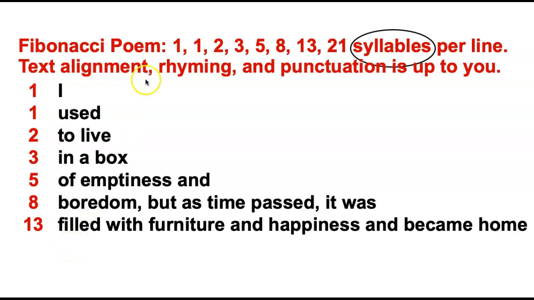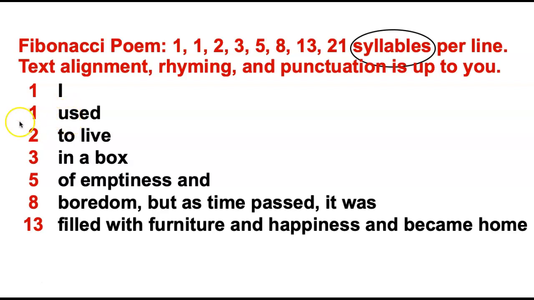Remember, you have a choice about rhyming too. This particular Fibonacci poem uses free verse. In fact, text alignment, rhyming, and punctuation is up to you when you are the poet. To make things easier in this Fibonacci poem, the numbers in the Fibonacci sequence have been written down the left side, and it starts out with the one-syllable word I.